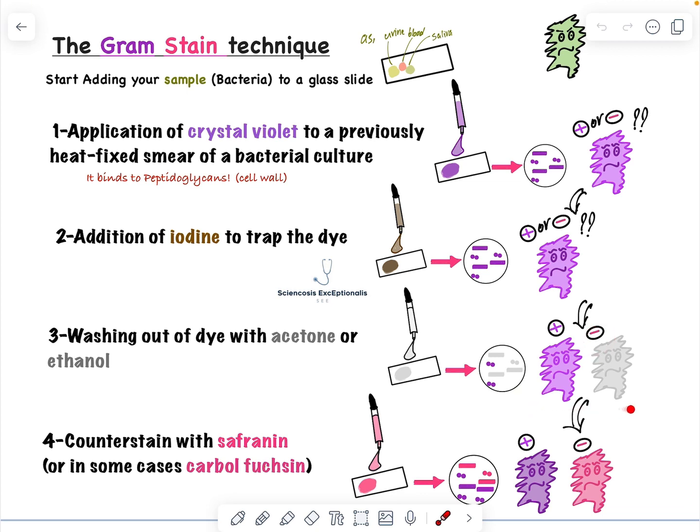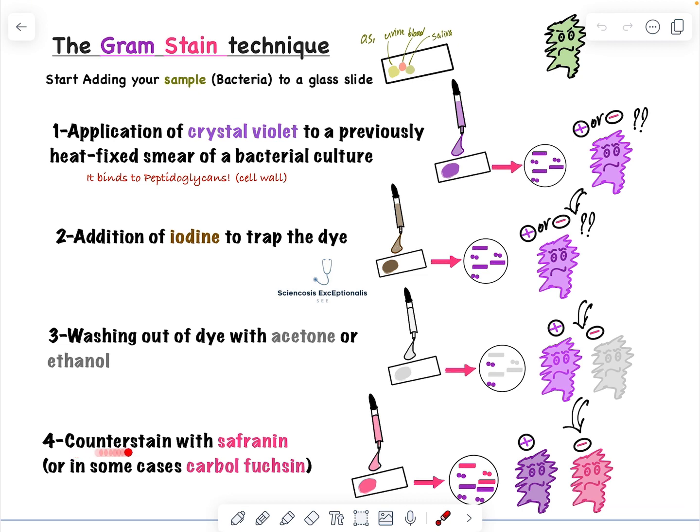Why? Because we have atypical or variable bacteria that cannot stain well with gram stain, maybe due to the lack of a cell wall as in mycoplasma, or they contain in their cell wall components other than peptidoglycans as in mycobacterium, or they are intracellular as chlamydia, and so on.